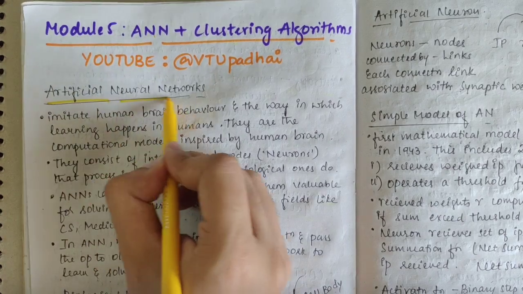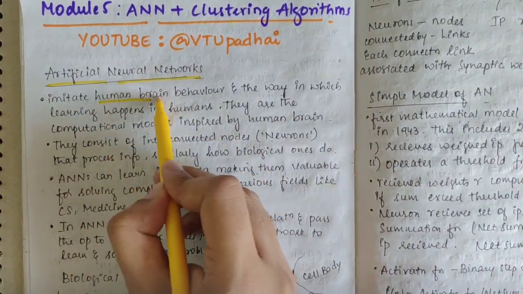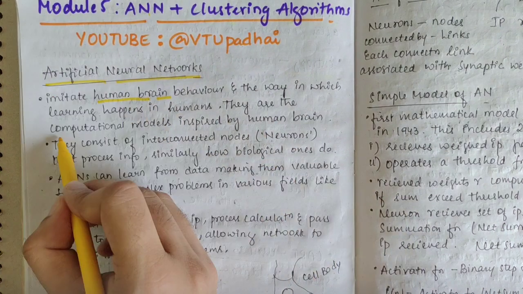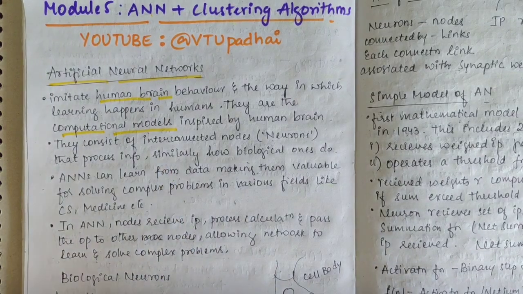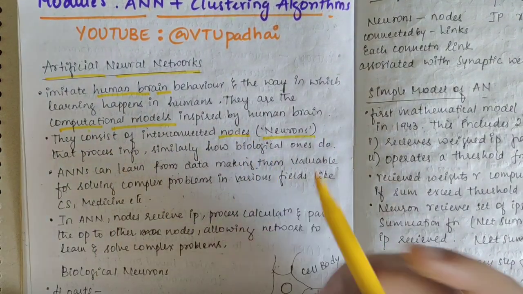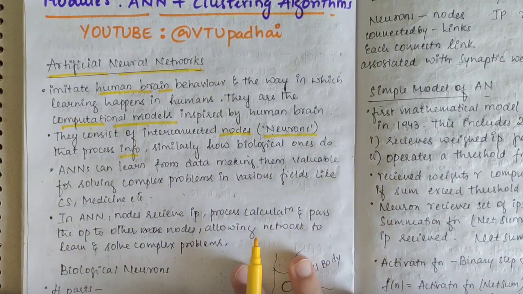Firstly, understanding the definition of ANN. ANN imitates the human brain behavior and the way in which learning happens in humans. ANN can be classified as computational models inspired by the human brain. They consist of interconnected nodes or neurons that process the info, similar to how biological neurons do.